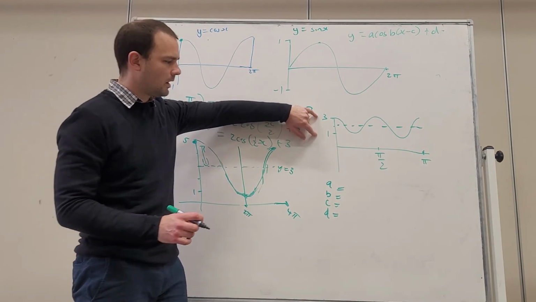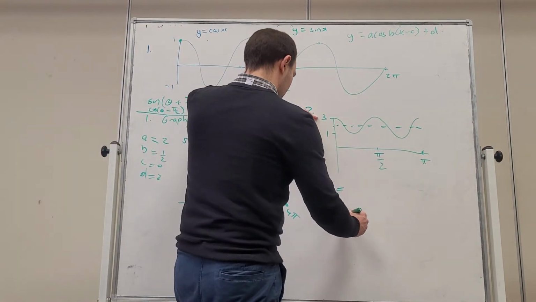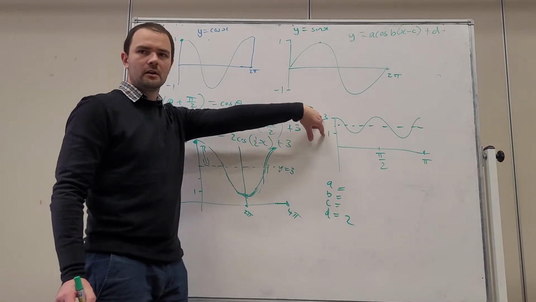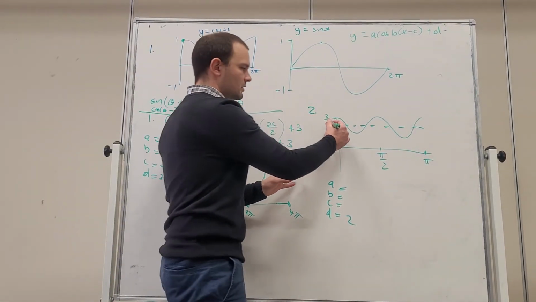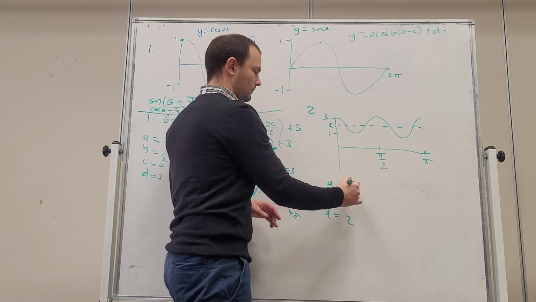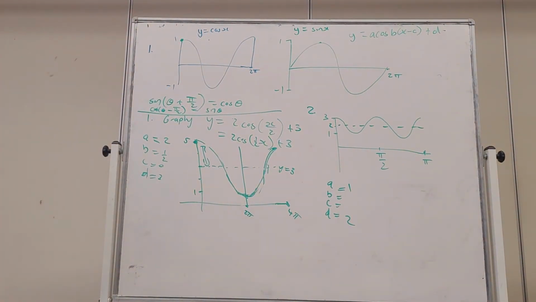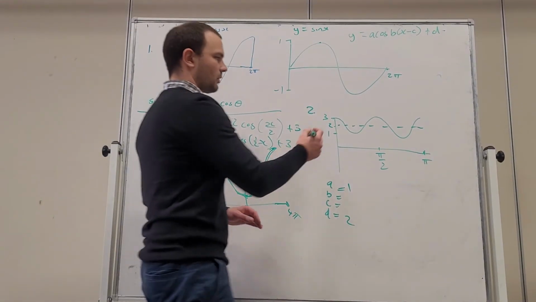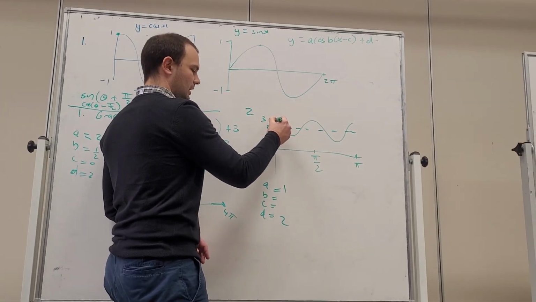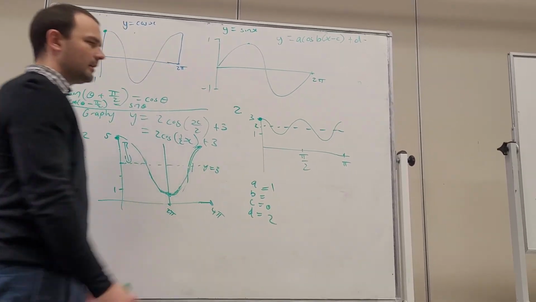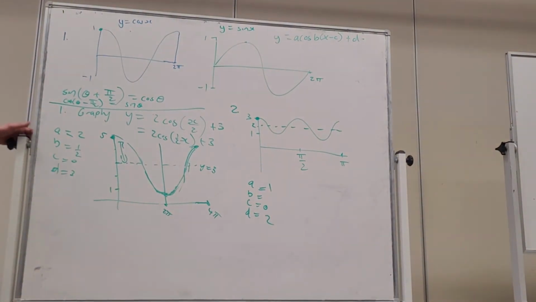So between 3 and 1, I've got d is positive 2. Okay? So if d is 2, then the amplitude is just 1. Our amplitude hasn't changed here. We don't have any horizontal translation because we're starting at the maximum point again. So c is 0. And then b, this one's going to be a little bit tricky.